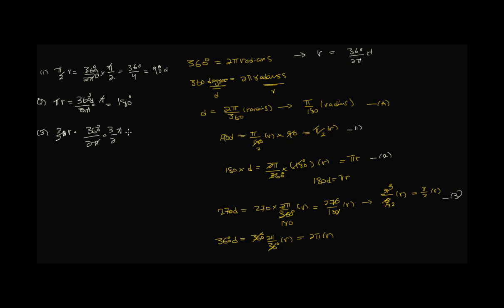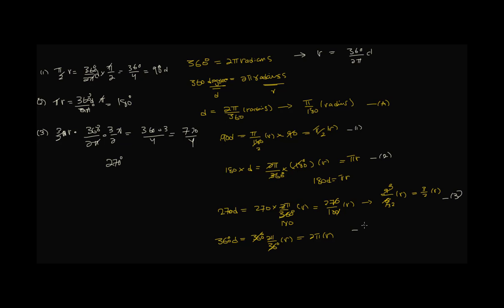So pi is cancelled with pi, and we're left with 360 times 3 divided by 4, and that should be 270 degrees.